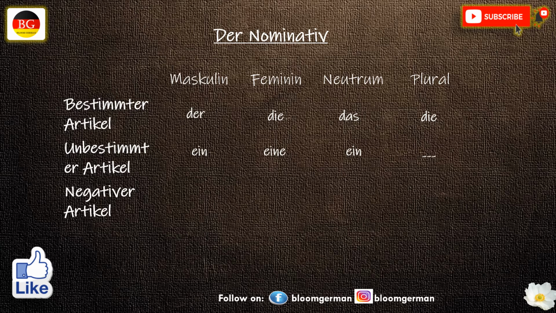But there is no plural for unbestimmter article. Keep it in mind. Negativer article for masculine is kein, for feminine is keine, for neutrum is kein, and for plural is keine.